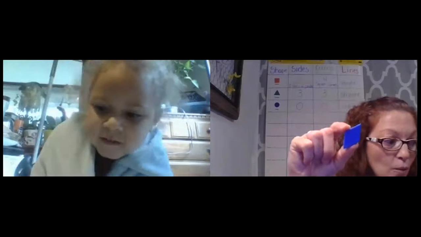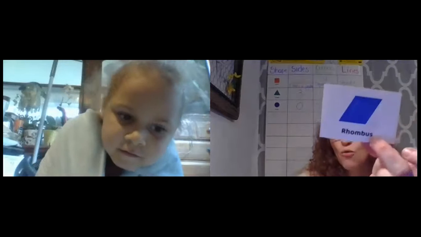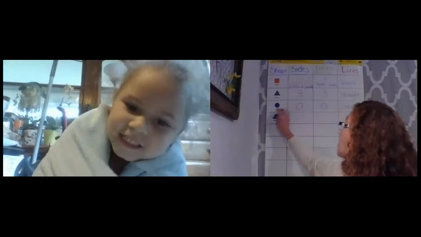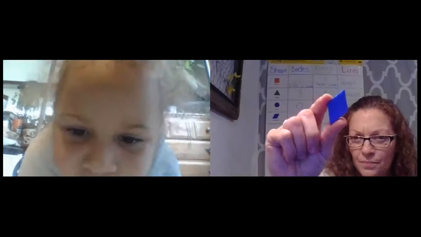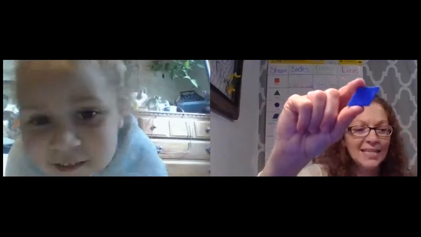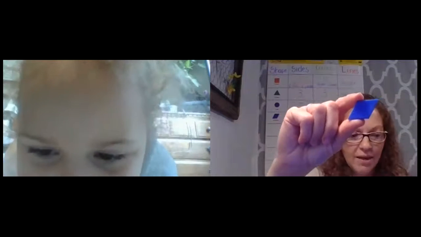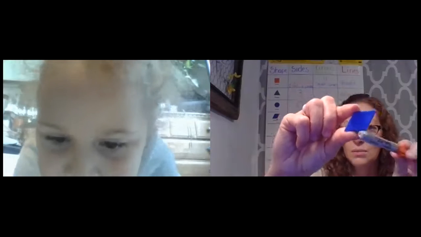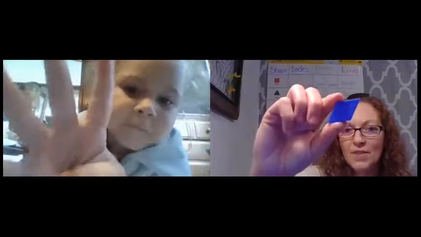It looks like a diamond, but in first grade, we call it a rhombus. Say rhombus. Good job. All right, so let's look closely at a rhombus. How many sides does a rhombus have? We have this one here, this one here, this one here, and this one here. Show me with your fingers.